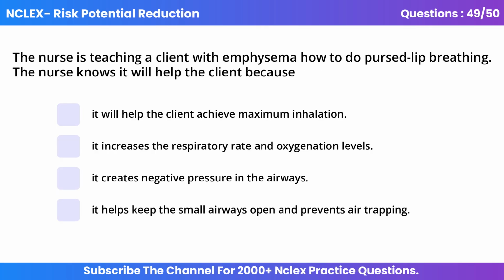Question 49. The nurse is teaching a client with emphysema how to do pursed lip breathing. The nurse knows it will help the client because D. It helps keep the small airways open and prevents air trapping.